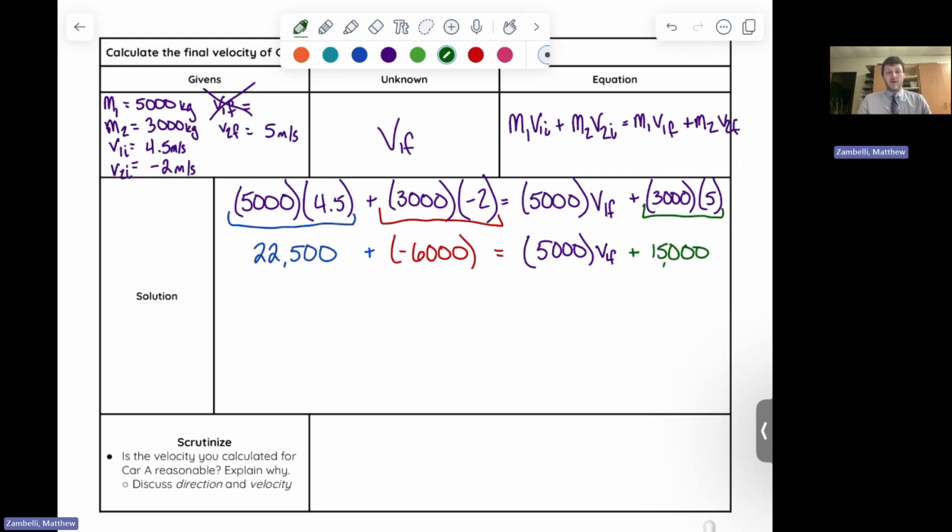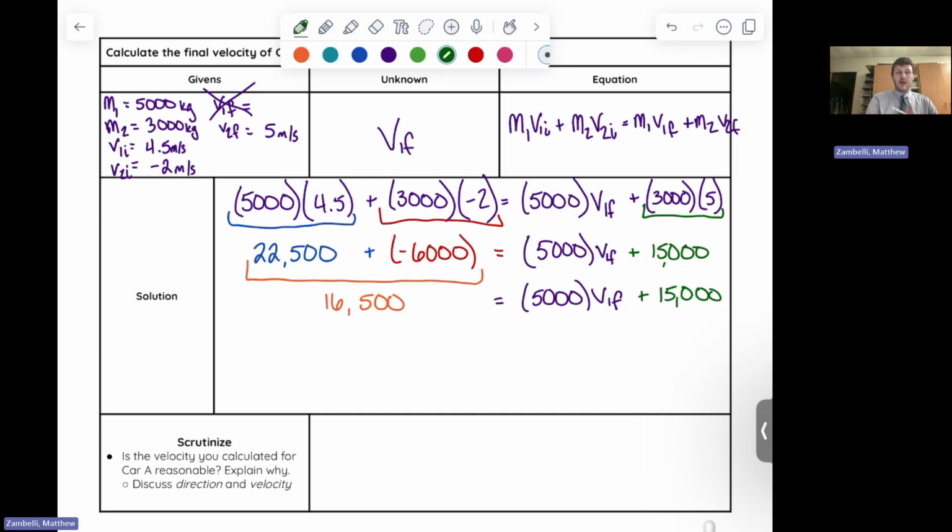Now that we've done all the multiplication we can, the next thing is combining like terms. These both are just numbers, so we're going to combine these, and we get 16,500. Since we're not doing anything to the right side, we're just going to leave that alone. So we bring down our 5,000 times V1 final, and our 15,000.